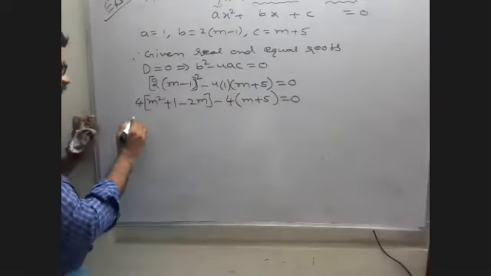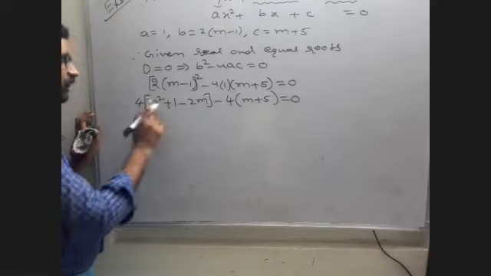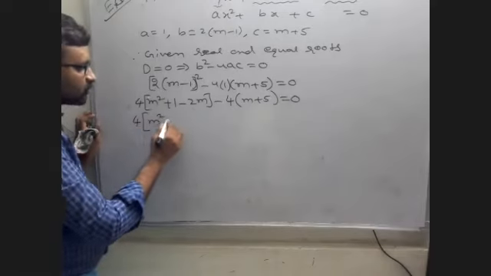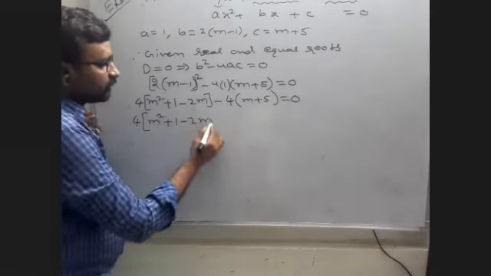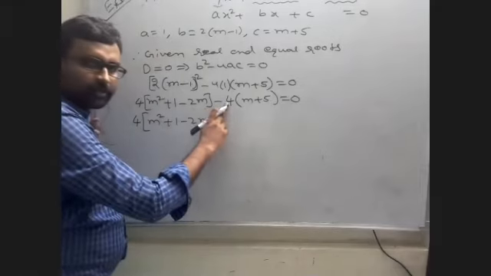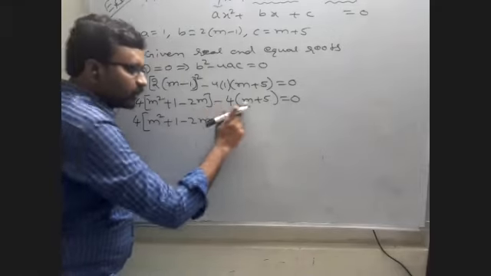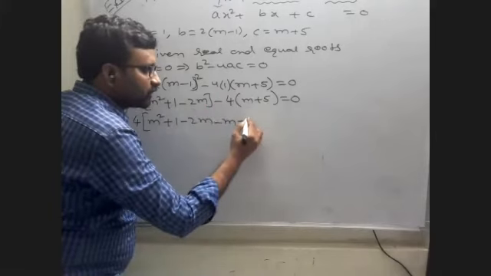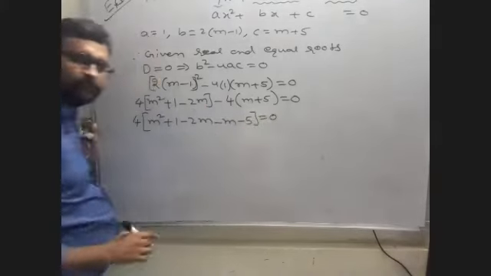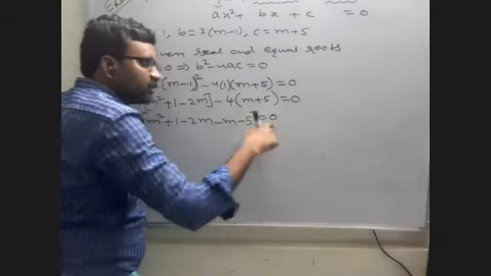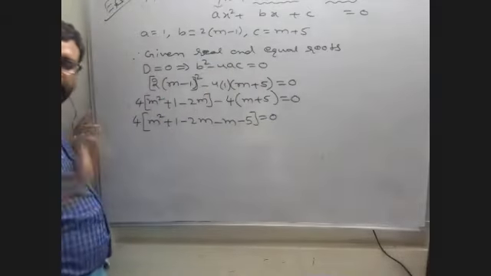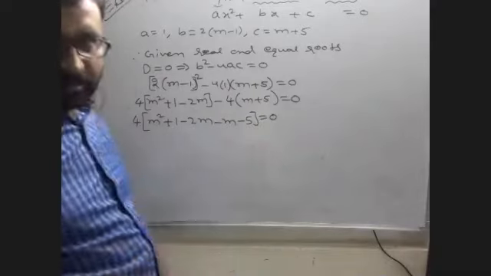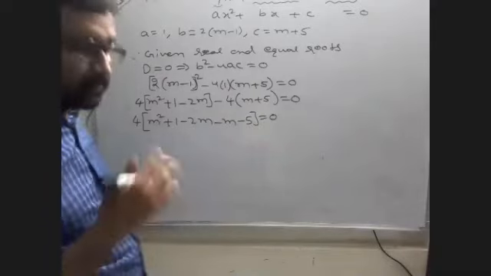Taking 4 common you will get m square plus 1 minus 2m, and minus m, minus 5, is equal to 0. Now taking 4 that side, 0 by 4 will be 0, 4 will be eliminated, and always if you take anything common, that will be eliminated by taking right side.